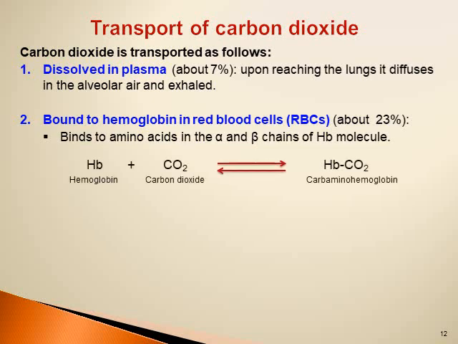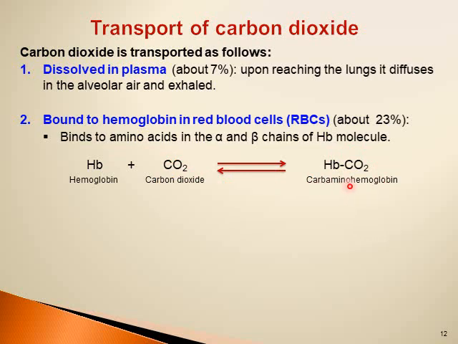As we can see in this equation, hemoglobin, when it binds with carbon dioxide in the systemic capillaries of the peripheral tissues, will produce carb-amino hemoglobin.